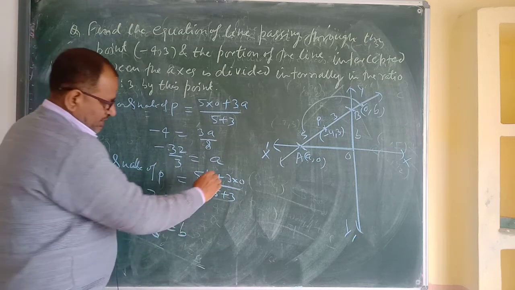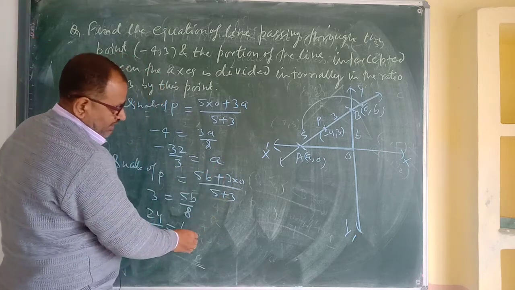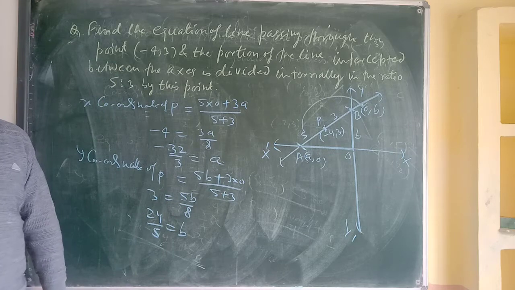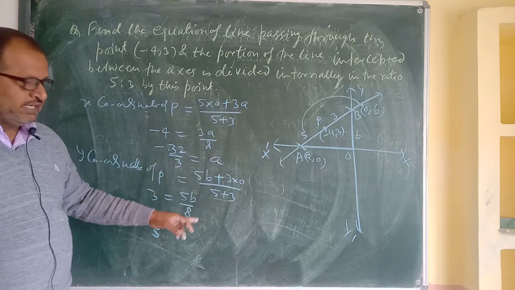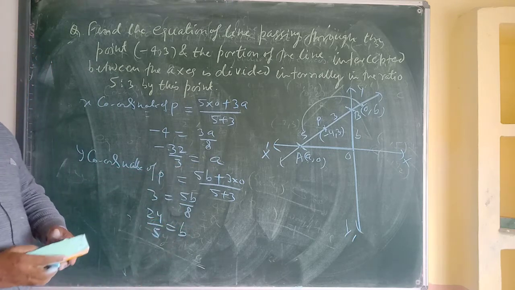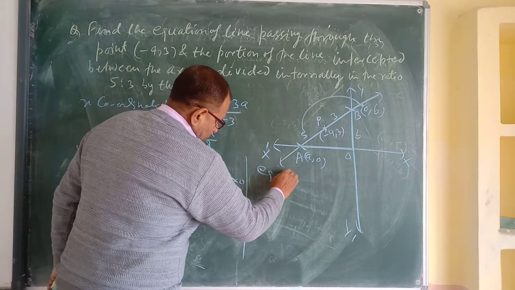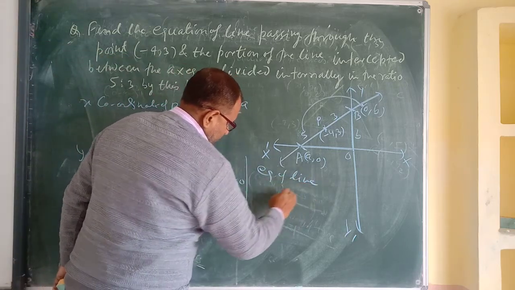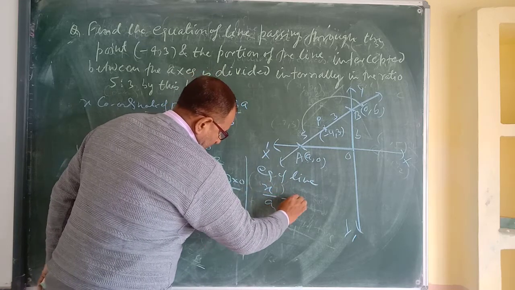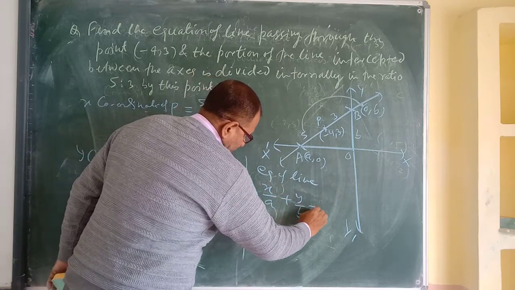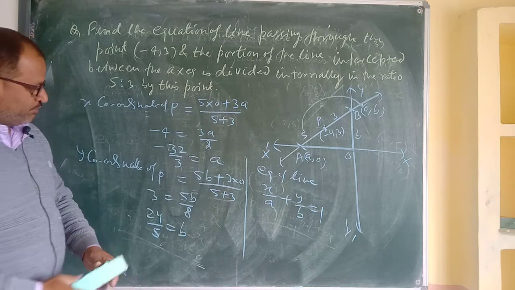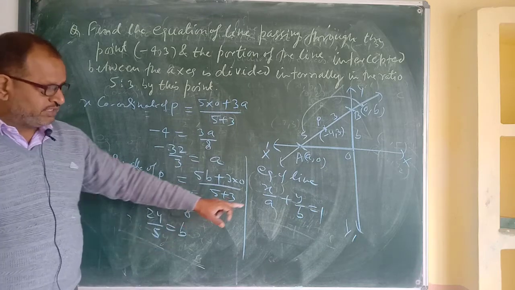a is the x-intercept, b is the y-intercept. We know that the equation of a line in intercept form is x upon a plus y upon b is equal to 1. Put the values of a and b in this equation.